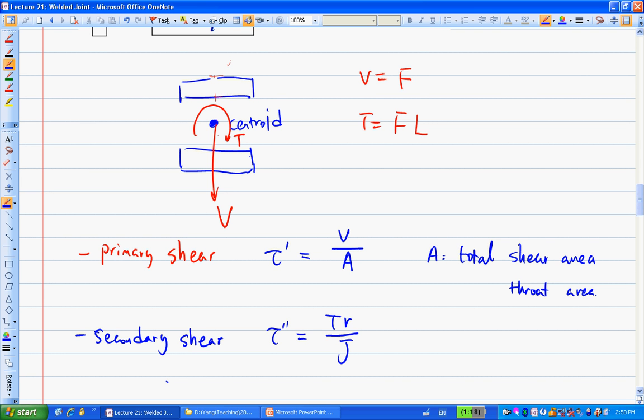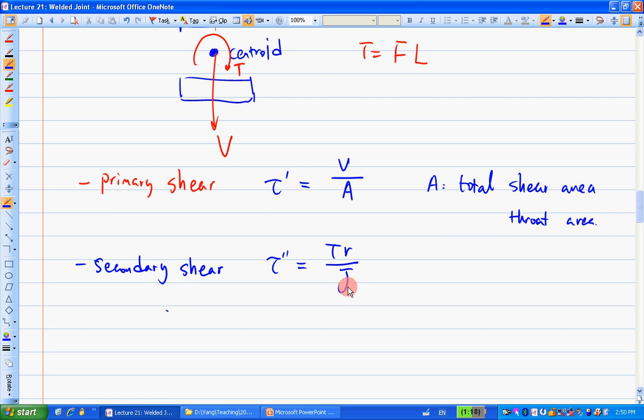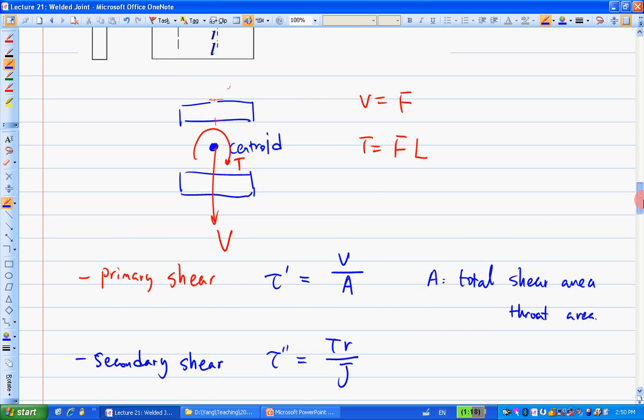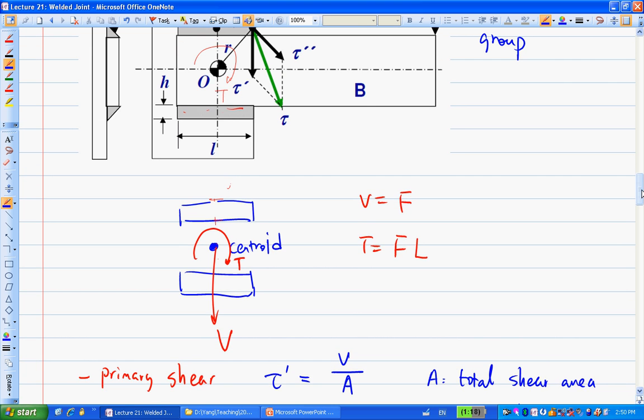Is that okay? Right, so right now it's this. You might have a box, maybe you have a circle, maybe you're welding a pipe. Basically, the J here is the second polar moment of area. But the R is what? It's the distance from the centroid to the location of interest.